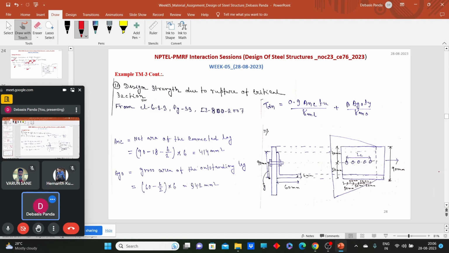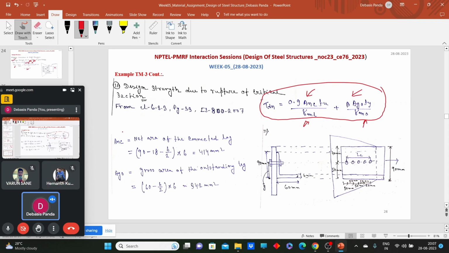To calculate the rupture of critical section, first we need to calculate Anc, the net area of the connected leg, and the gross area of the outstanding leg, because we just saw that the design strength due to rupture of critical section for a single angle section can be calculated using this formula, where this part considers the ultimate strength or the rupture of the connected leg, and this part considers the yielding of the outstanding leg due to the shear lag effect, and beta caters for the shear lag effect.